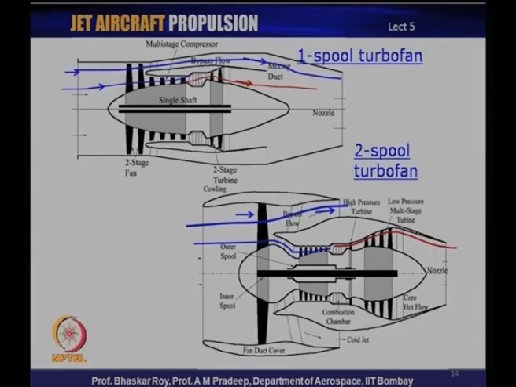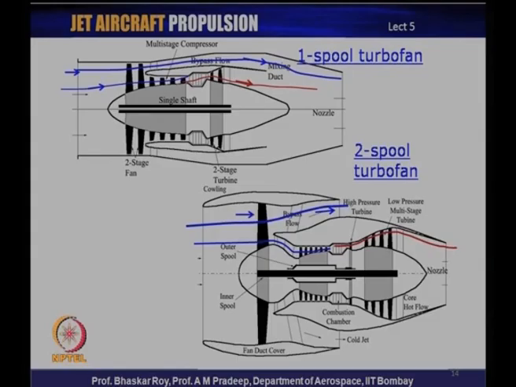When the bypass is comparatively low, of the order of 1 or 2 or not more than 3, one could possibly have this kind of mixed flow, where the bypass flow later mixes with the hot flow, and a single mixed exhaust goes out producing thrust. The other version is often a two spool turbofan.